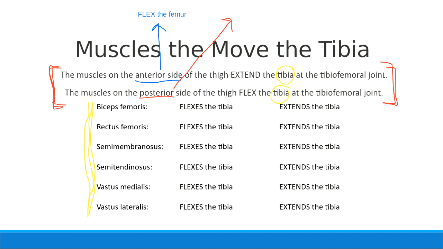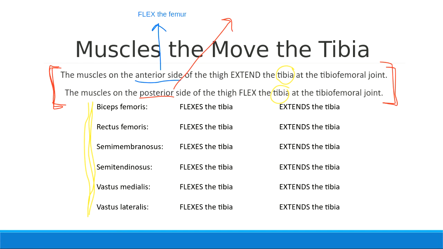And here's where I really encourage you, because I can't really show it to you in a way that's appropriate. But everybody do me a favor. Get to where you can put your knee where it's hanging straight down at a 90-degree angle. And then I want you to stick it straight out, as far out as you can stick it. That is extension of the tibia, sticking your leg straight out like that.